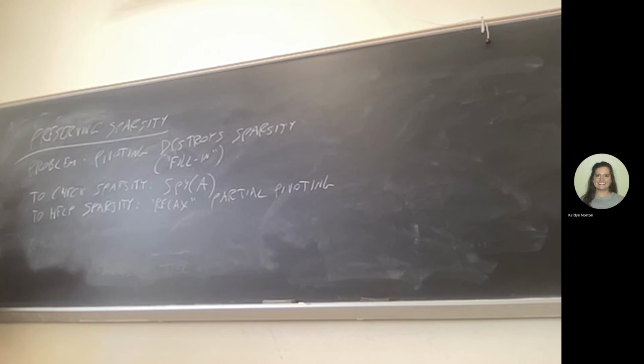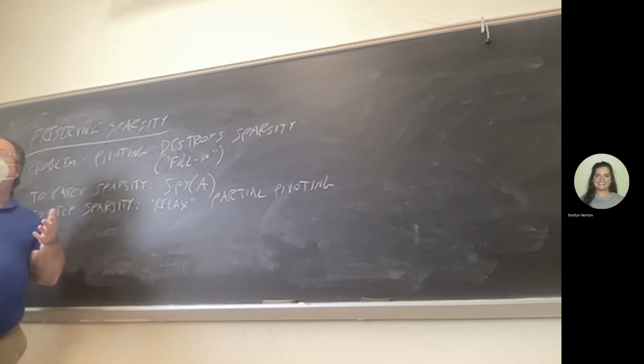How is it decided which rows to swap? What's the criteria? Yes, you want the largest entry to sit on the diagonal, to have the largest denominator in your multipliers, to make your multipliers smaller.